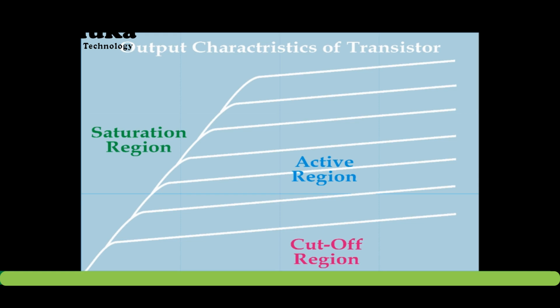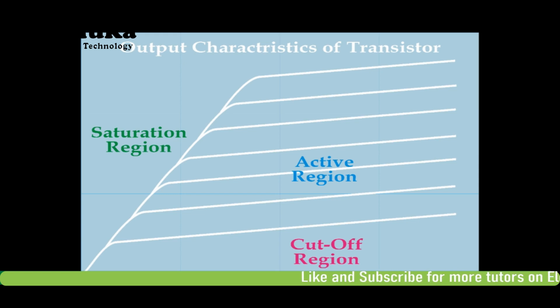In the cutoff region, the bias voltage applied to the transistor's input is 0. That means the input side is off. At the same time, the output is reverse biased, due to which the output is also off. So that region where the input and output sides of the transistor are off is called the cutoff region.